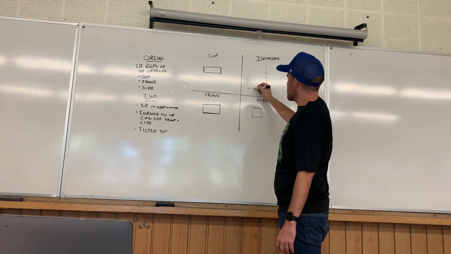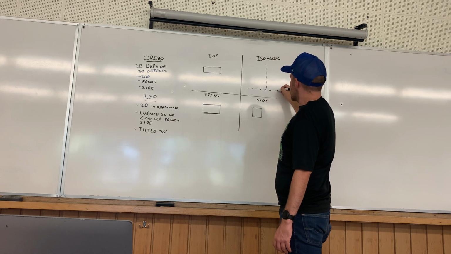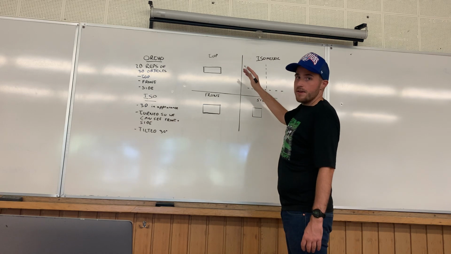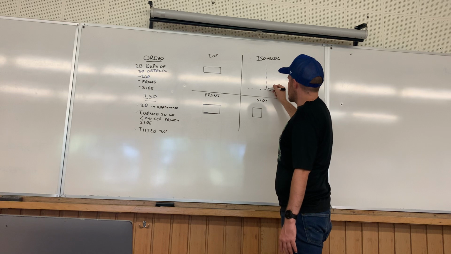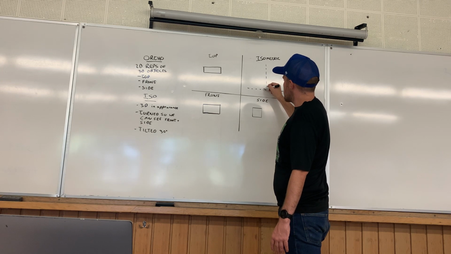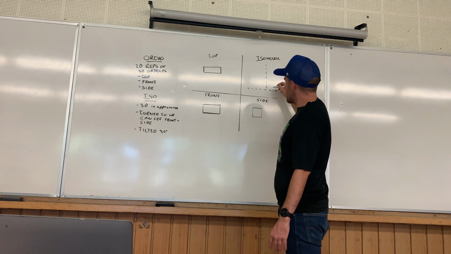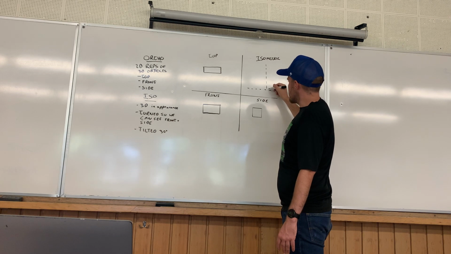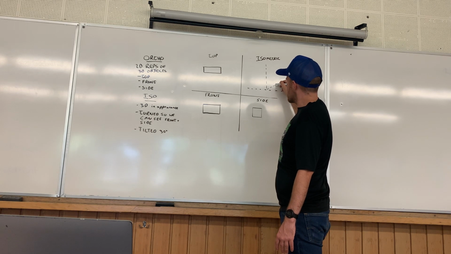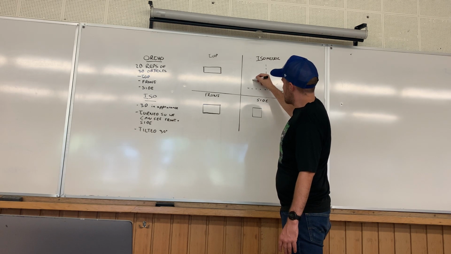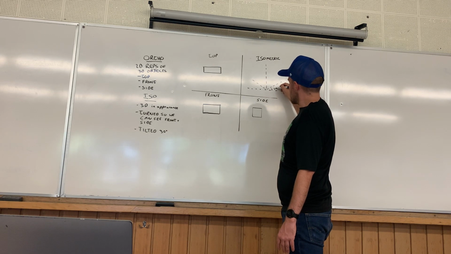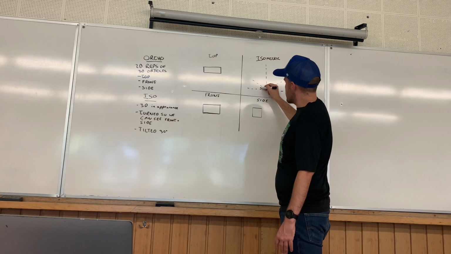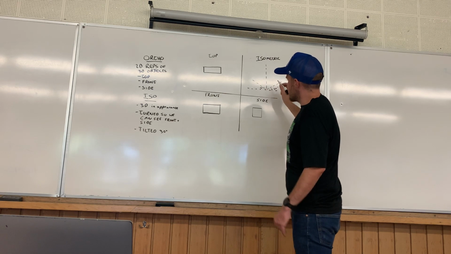So it's going to look something like this. And then from there, I measure out roughly 30 degrees on either side. So 30 degrees coming off this line here, and 30 degrees coming off this line here. So that's 30 degrees, that's 30 degrees.